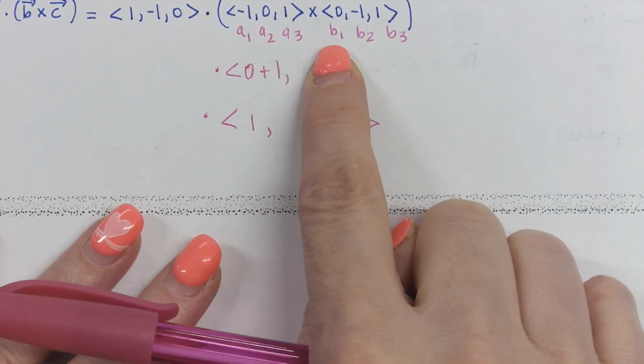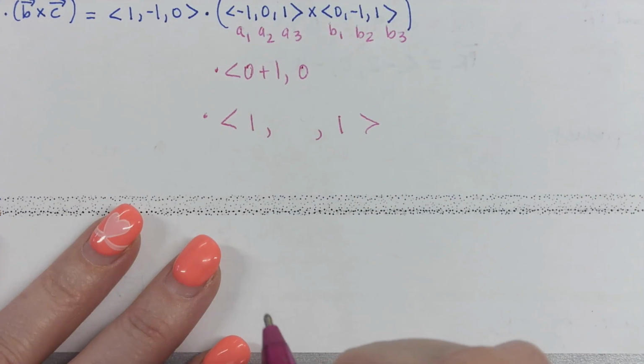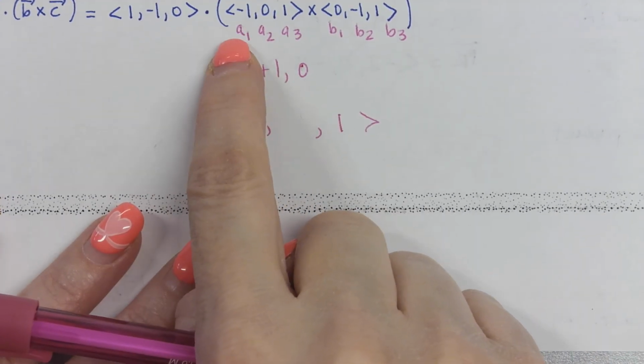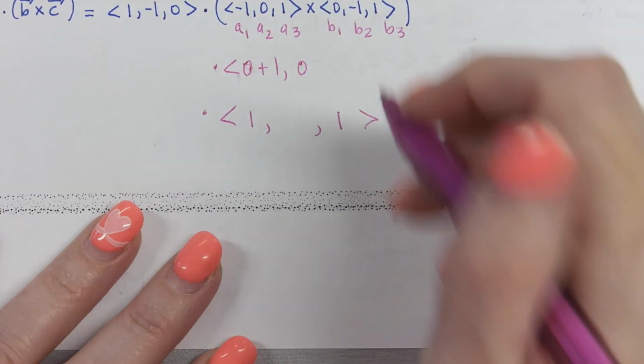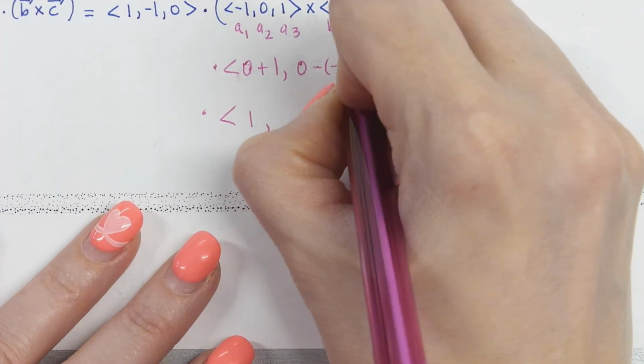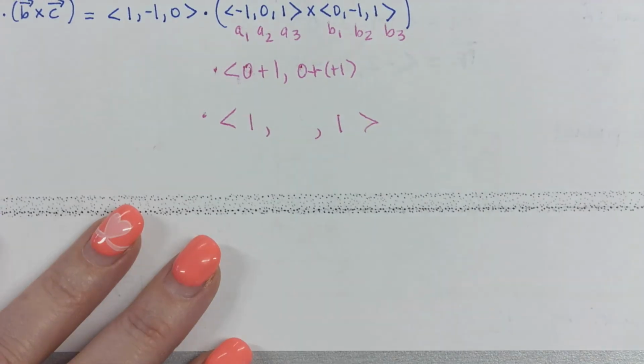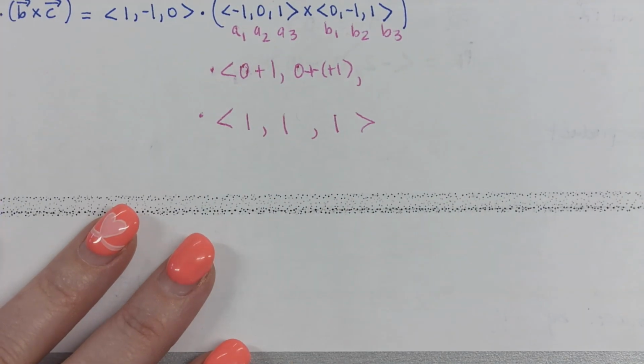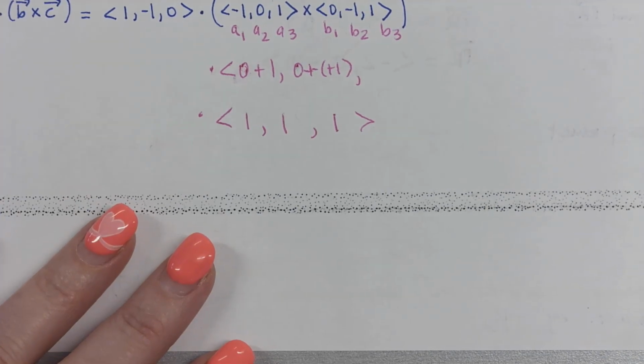You have 1 times 0, so you got 0, right? And then you have a sub 1 times b sub 3, so negative 1 times 1, so it's a minus negative 1, which is going to be plus. You should have 1 in the middle as well. And 1 is right for the last one.